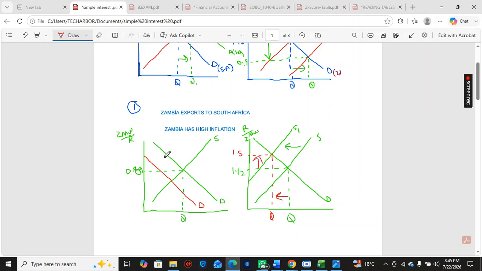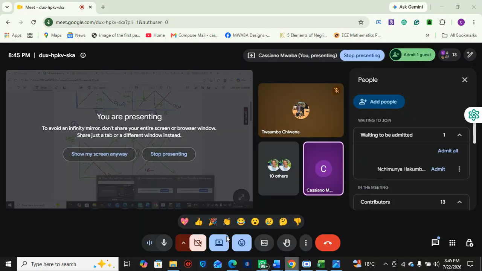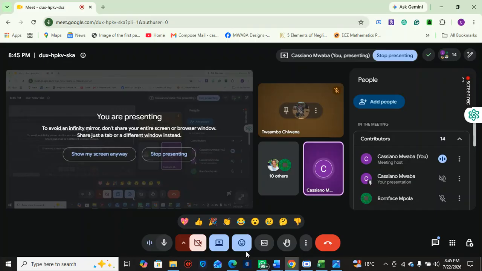Right? Then we come to the Zambian side here. The demand for the kwacha has dropped. All right. So meaning the kwacha is going to depreciate. You see? Always in such cases, the one that appreciates, the other one has to depreciate all the time. So in this case, the kwacha is going to depreciate in relation to the rand.